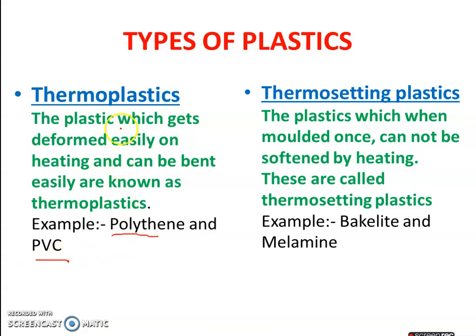So a few plastics can be deformed very easily. It means they can be molded very easily by heating. But other types of plastics, once molded, we cannot soften by heating. The examples are bakelite and melamine.